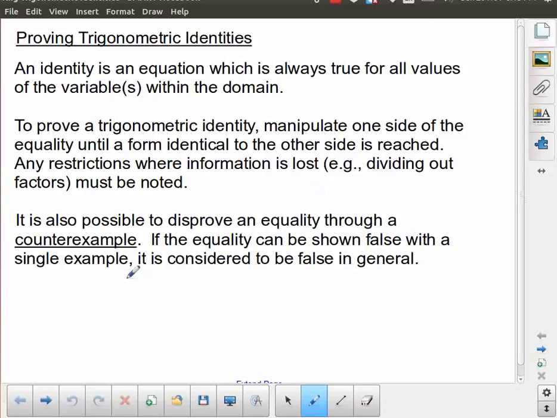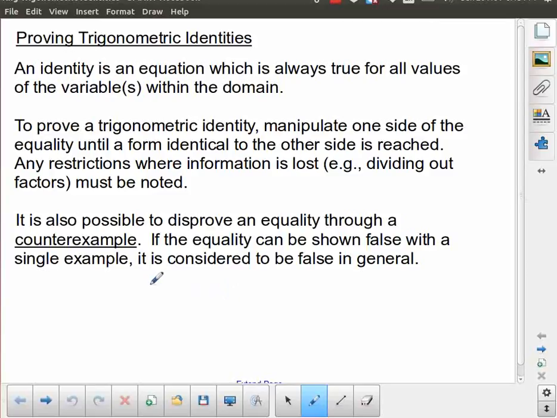Quick note here, when we talk about doing proofs in general in mathematics, not necessarily just trigonometric identities, proofs are actually a lot harder to do than a counterproof or a disproof. Because a proof is saying that this is true for all conditions that are listed, and usually in our case we're talking about all valid values for the functions, sine, cosine, tangent, and their reciprocals.